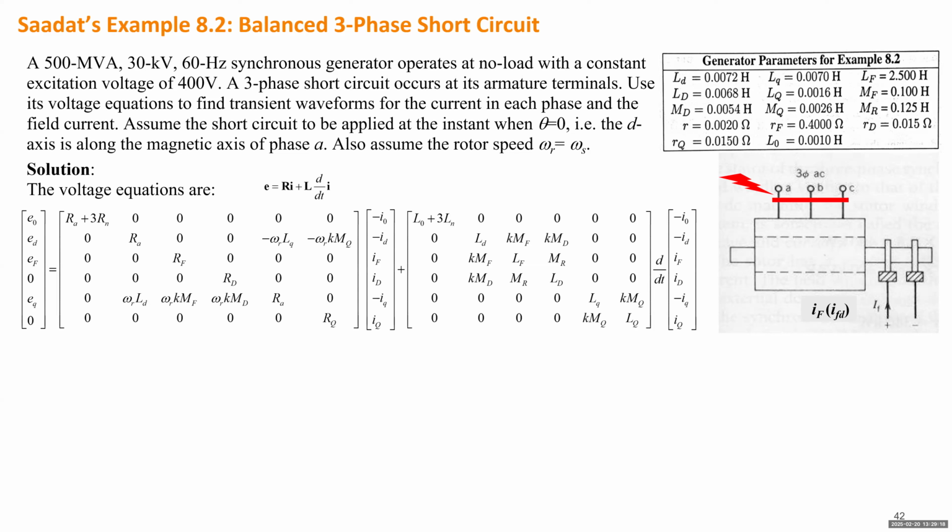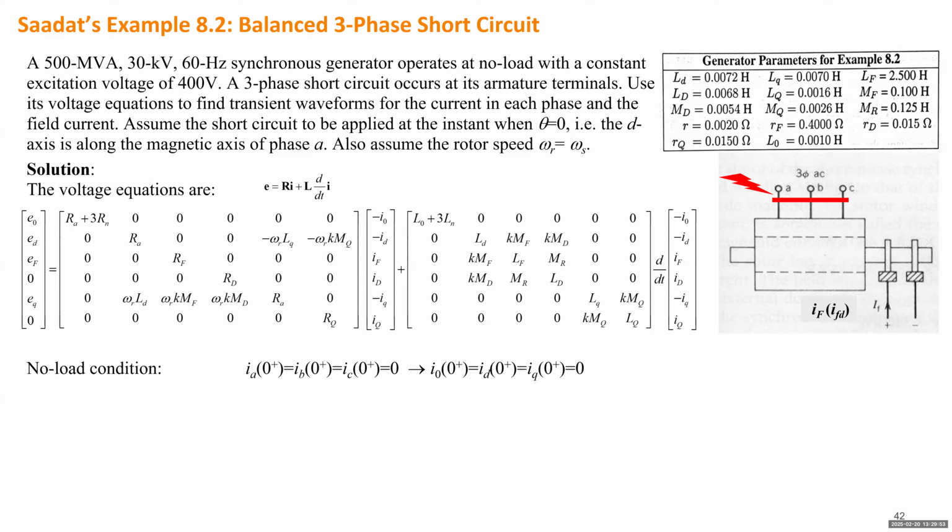If we spell out everything in the voltage equation, it will be the voltage vector with the stator winding and rotor winding, and we have the resistance matrix and the inductance matrix. So this is a differential equation. If we know the initial condition, we can integrate the equation to calculate the waveform of voltage or current. But definitely for this case, since we have a short circuit, the terminal voltage will always be zero, but the current may not be zero.